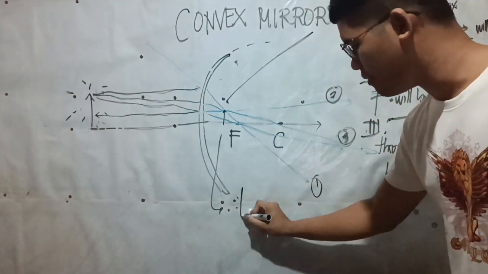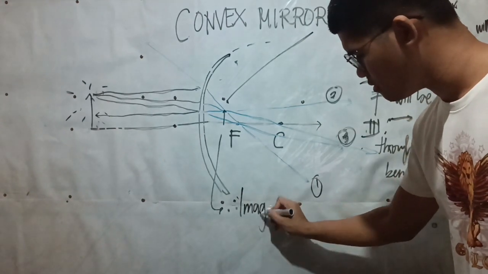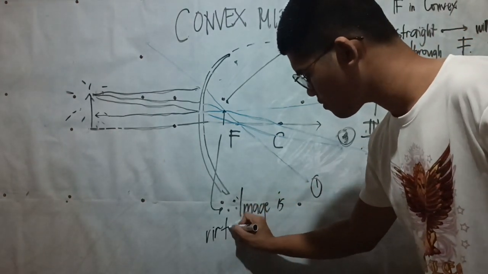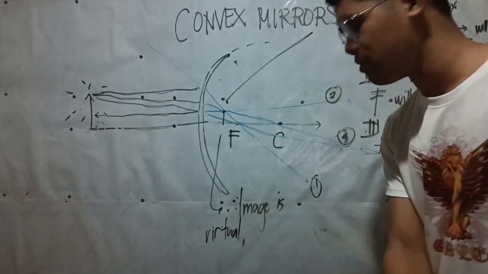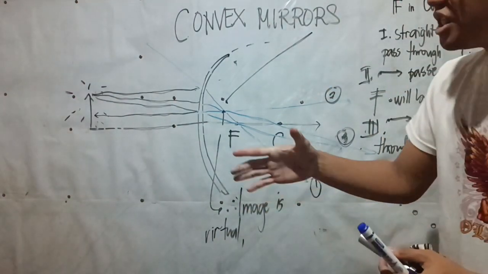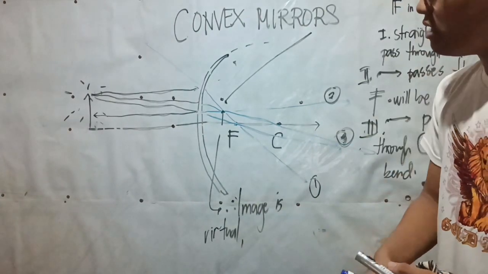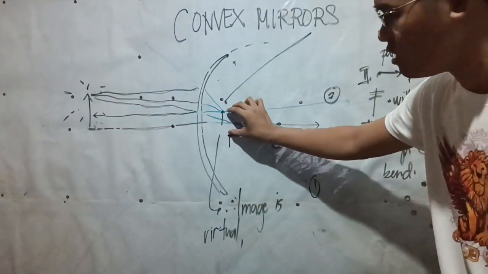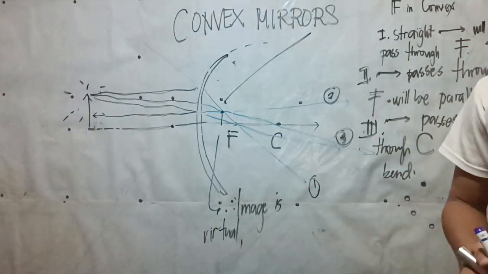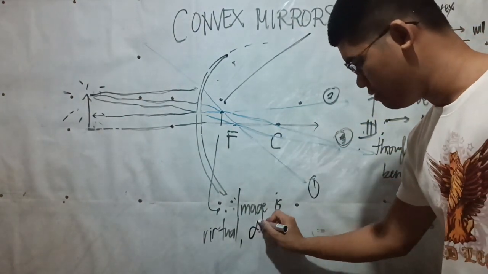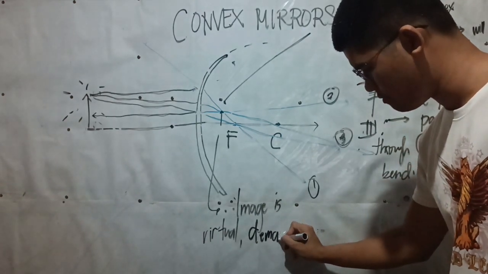Of course, the image is also virtual. Now, another question is whether the image is demagnified or magnified. Did our image get bigger from here to here? Did it get bigger or smaller? Right? Smaller. So, the image is virtual and demagnified.